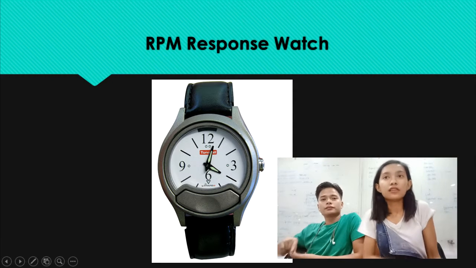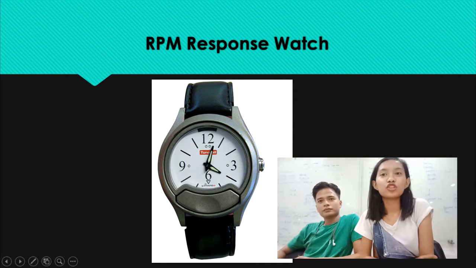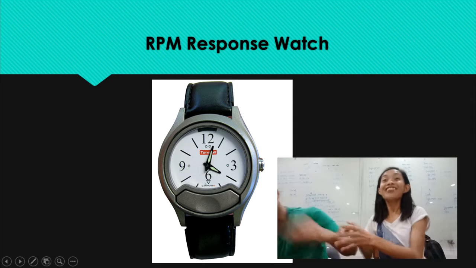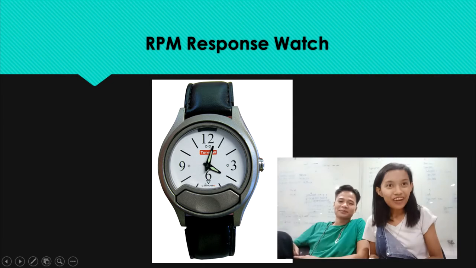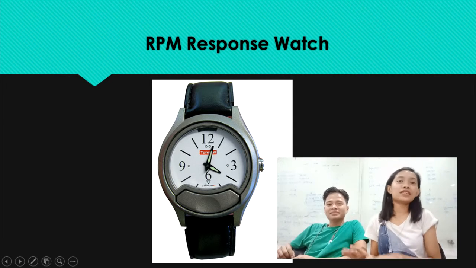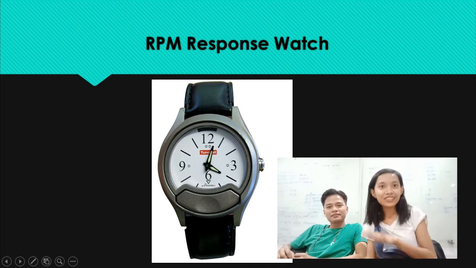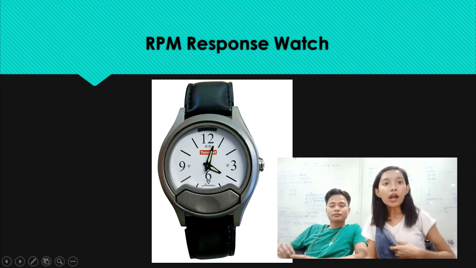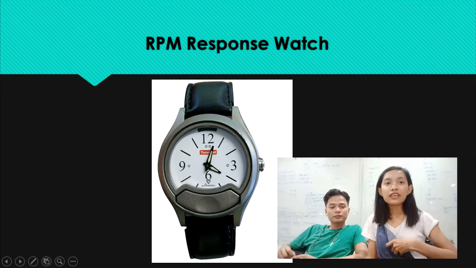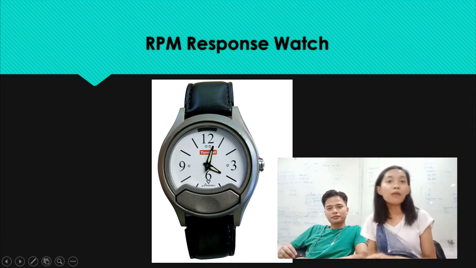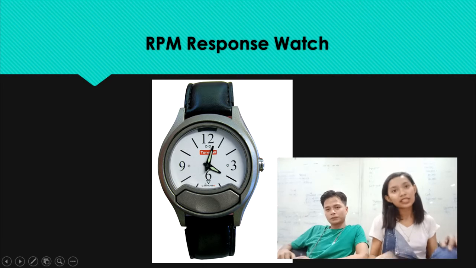The next is the RPM response watch for patients with dementia that are at risk for falls. RPM technology promotes safety and prevents harm through continuous surveillance.